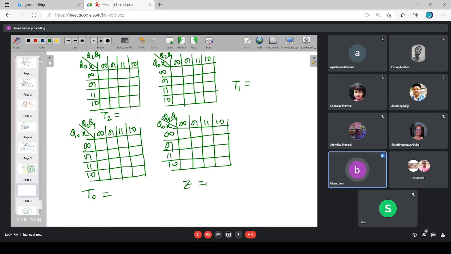When the input combination is 0 0 0 0, all T2, T1, T0 and Z are don't care, right? Yes, sir. Then 0 0 0 1, this cell, also don't care. Then 0 0 1 0, 1 0 1 0.